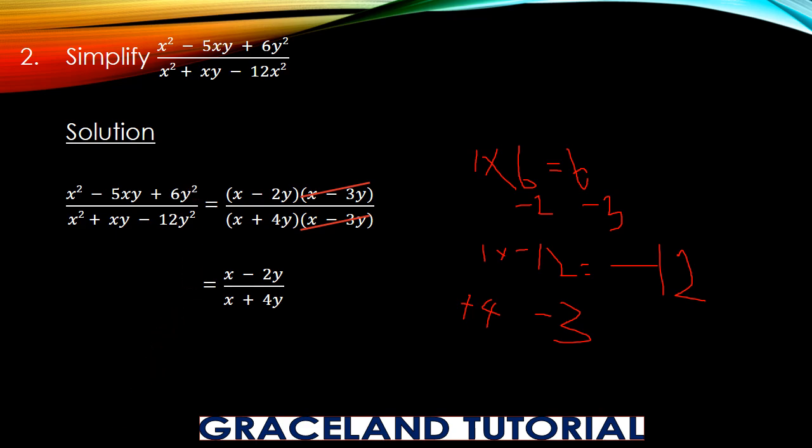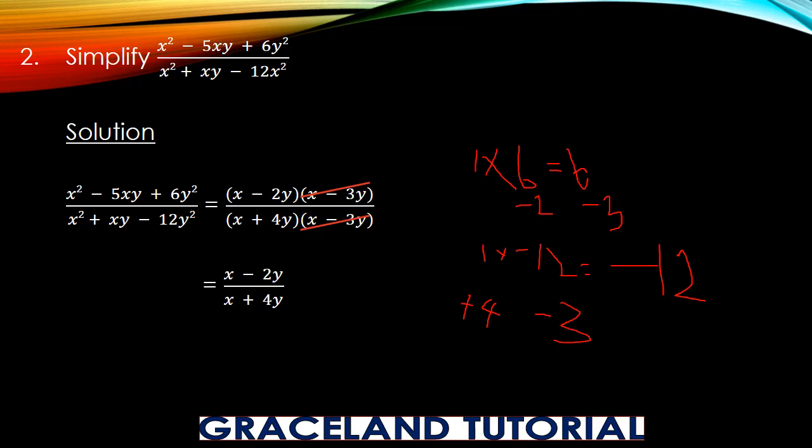How do you factorize that? Very simple. We have x squared and then we have plus 6y squared. Since the coefficient of x squared is 1, multiply it by the coefficient of y squared, which is plus 6.